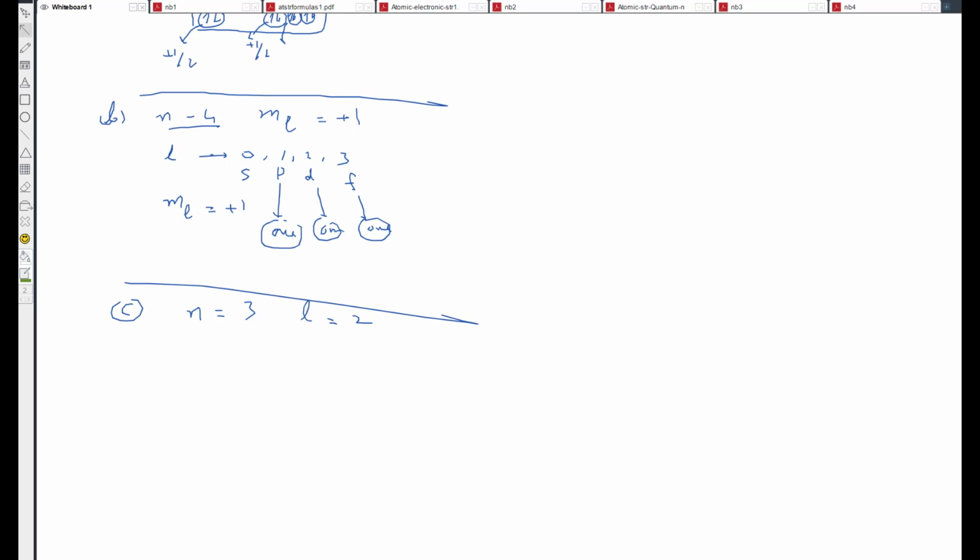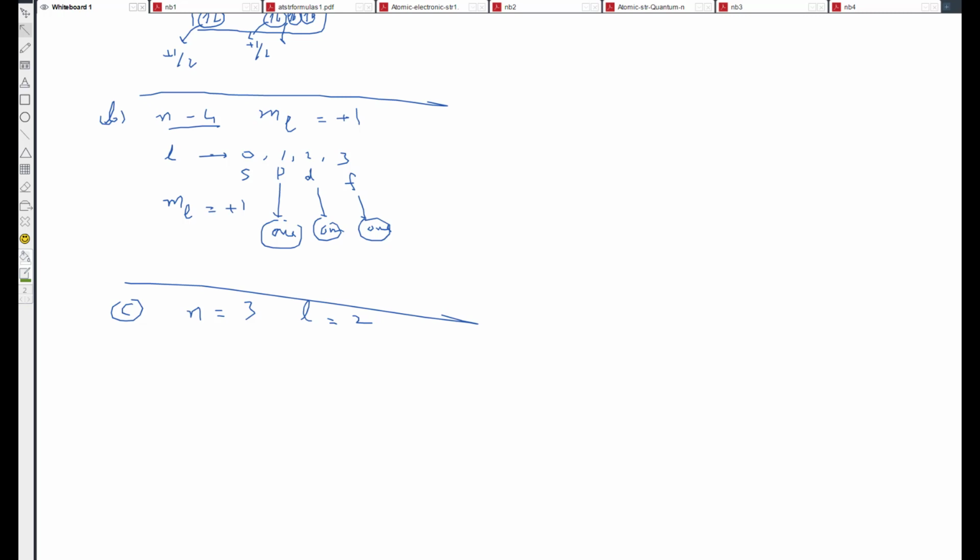But if L is 2, that's only the D orbital, right? So the D orbital, there are 5 orbitals.